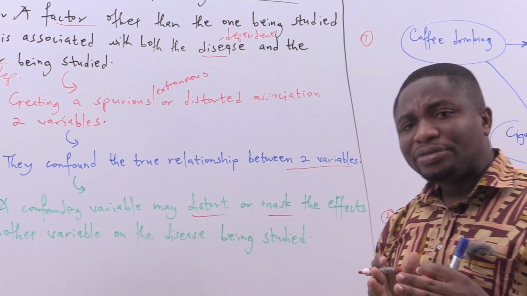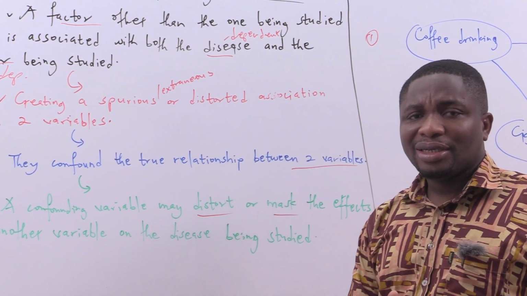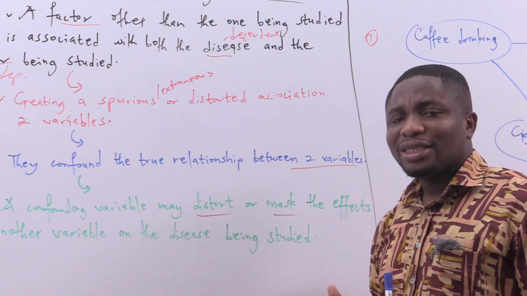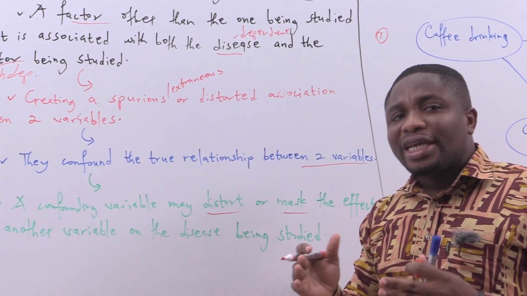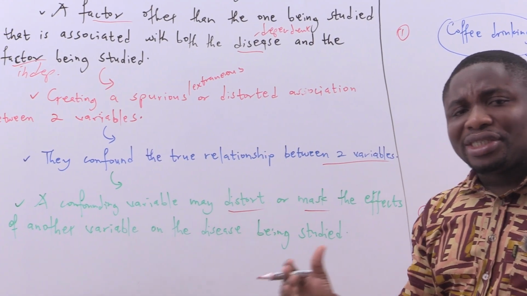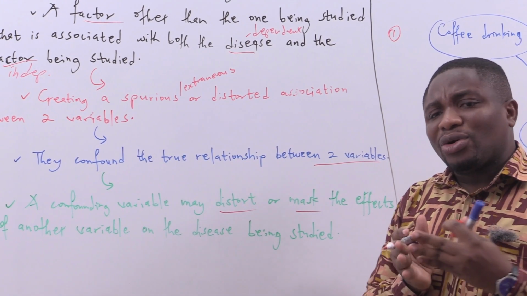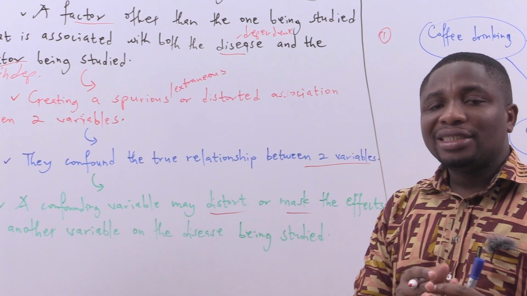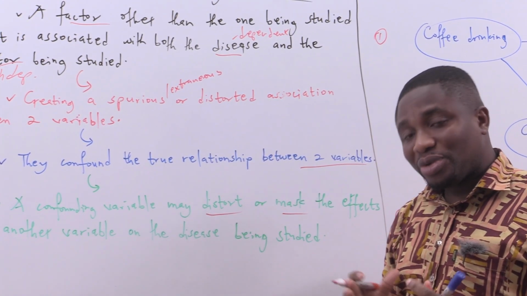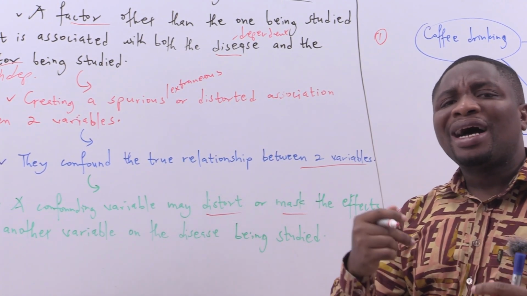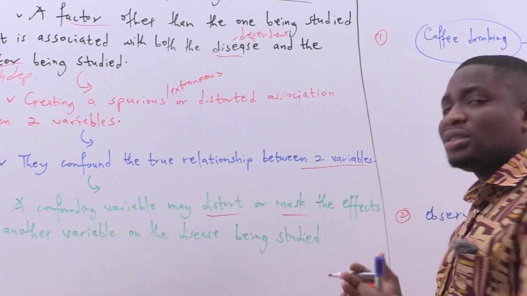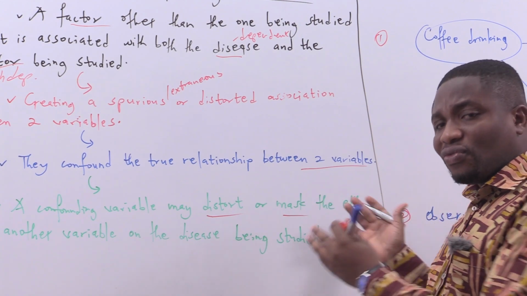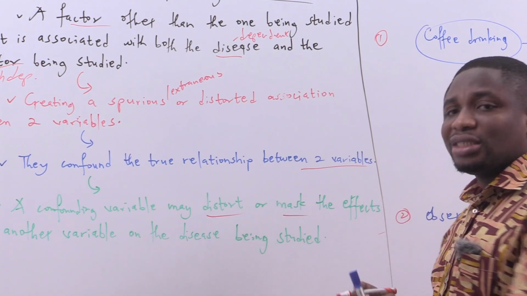It means that if you have a causative factor for a particular disease, with the presence of a confounding variable, there's going to be a distorted relationship or association between that causative factor and the disease. That's what we are talking about.